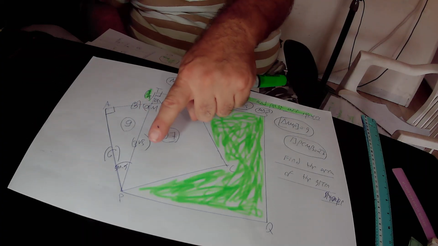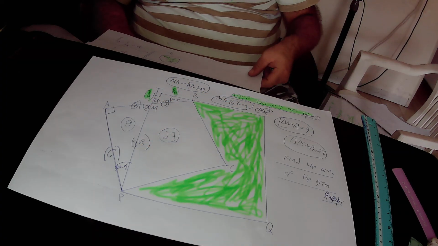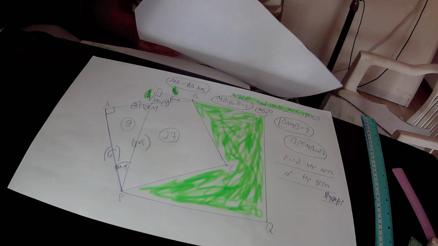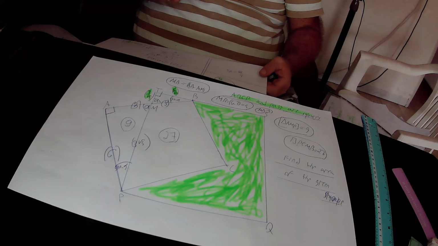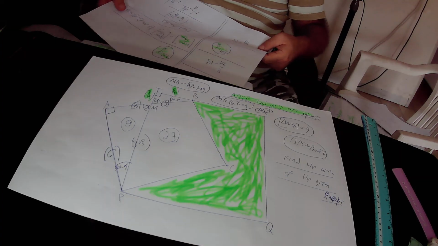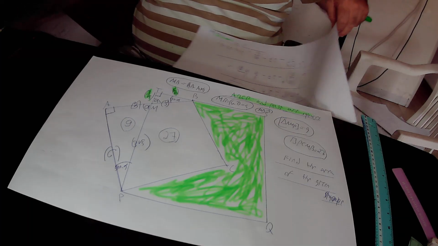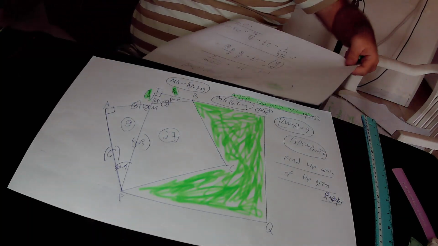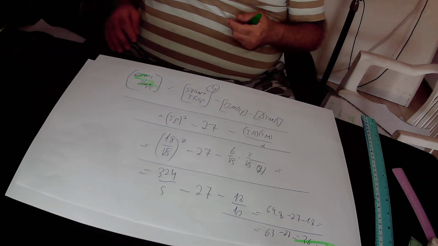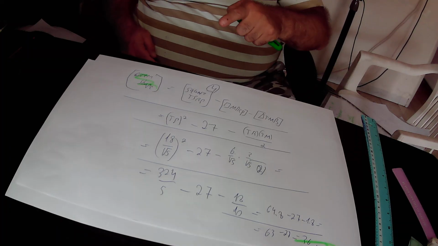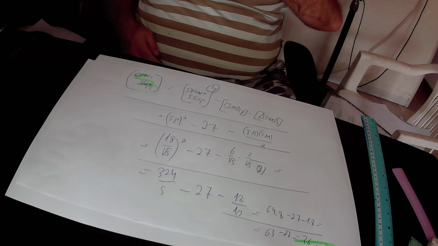This is side TP, which equals 18 over square root of 5 units in length. Our task is to find the area of the green shape, and we found that the area of the green shape equals the area of the big square TSQP minus the area of quadrilateral MBCP minus the area of the small triangle TMB.